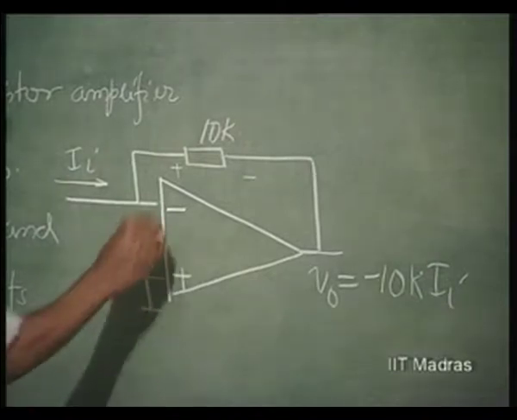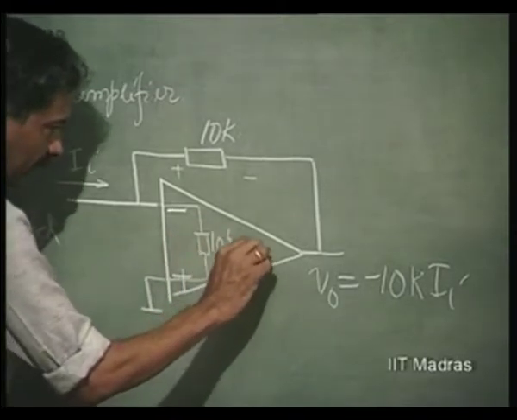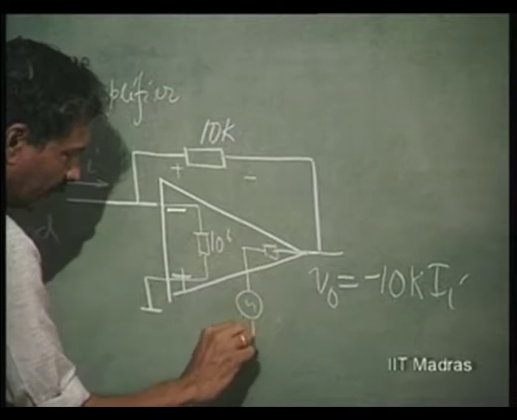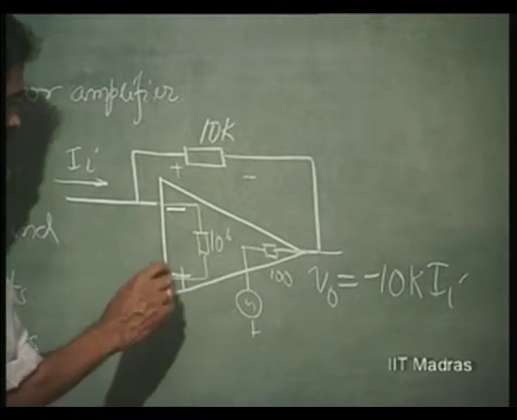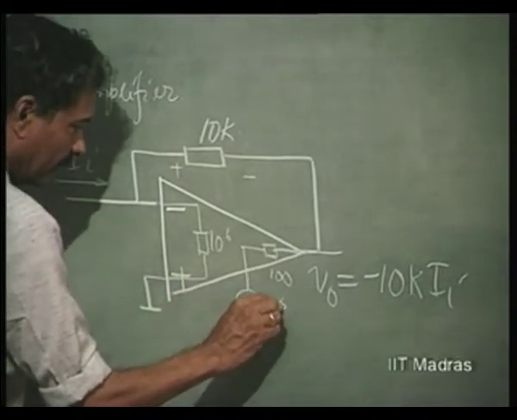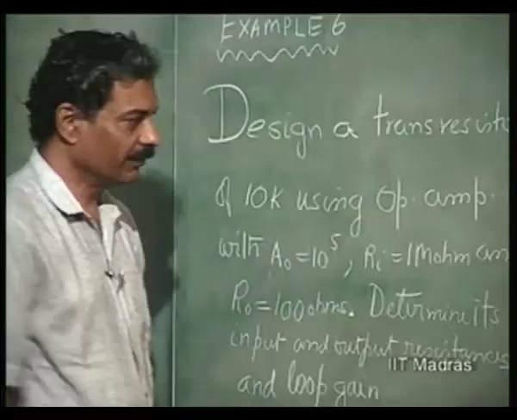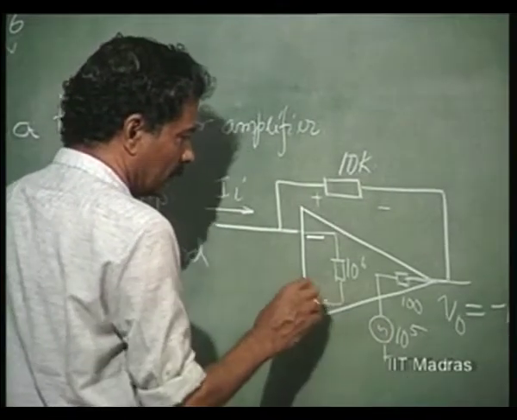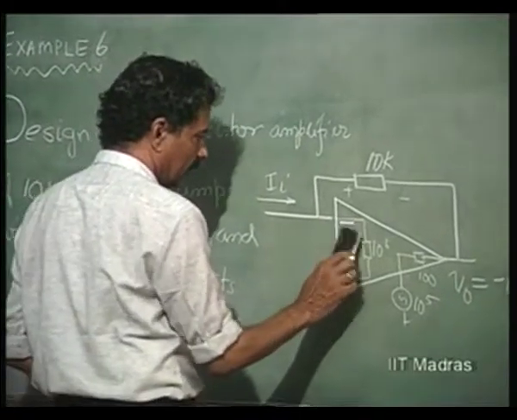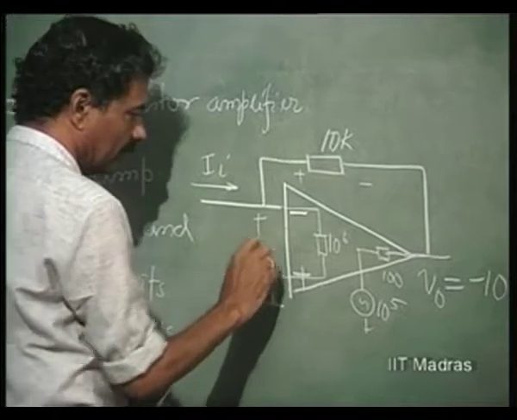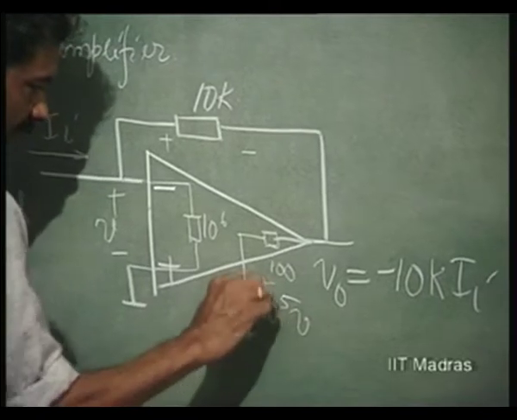Now, because of the finite input impedance, this is 10 to the power 6 and finite output impedance, that is 100 ohms, and the gain here, okay. So, that is 10 to the power 5, same as before. Okay. So, we can now evaluate, if this is V, the voltage here is 10 to the power 5 times V, right.